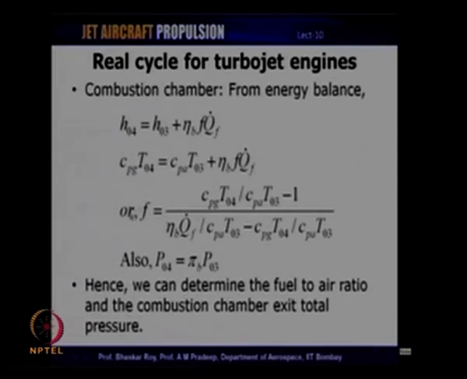If we simplify this, we can find the fuel to air ratio. F is equal to Cpg into T04 divided by Cpa into T03, minus 1, divided by the combustion efficiency multiplied by Q dot F divided by Cpa T03, minus Cpg T04 by Cpa T03.